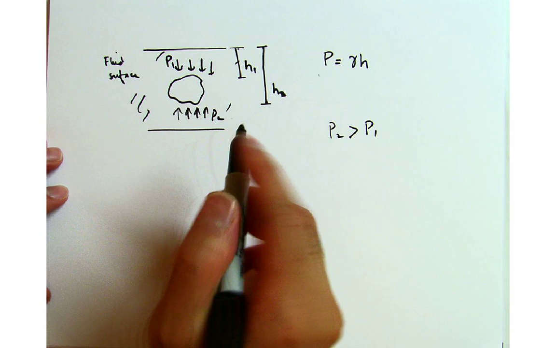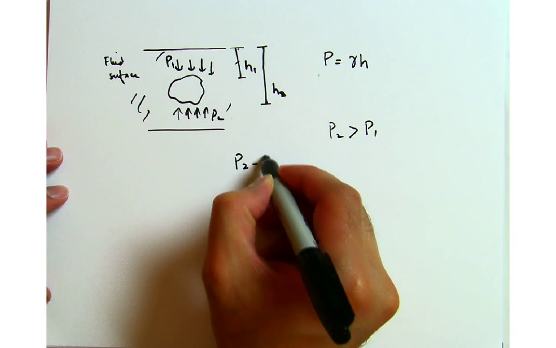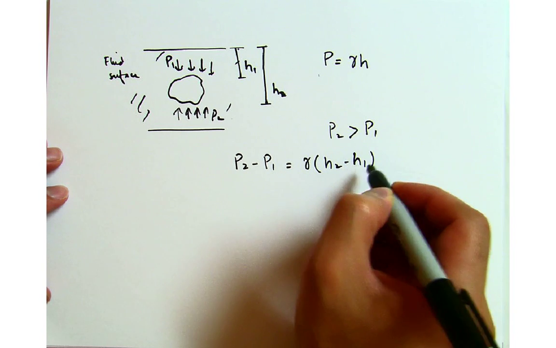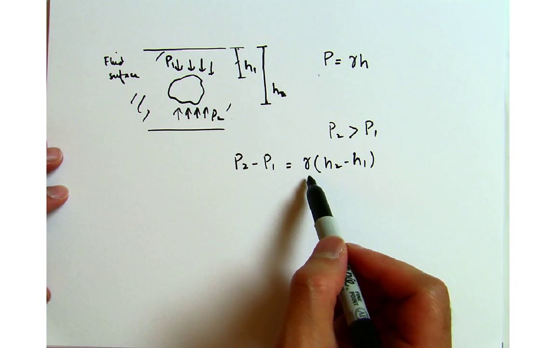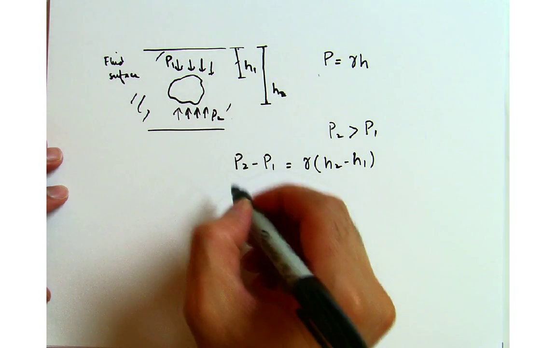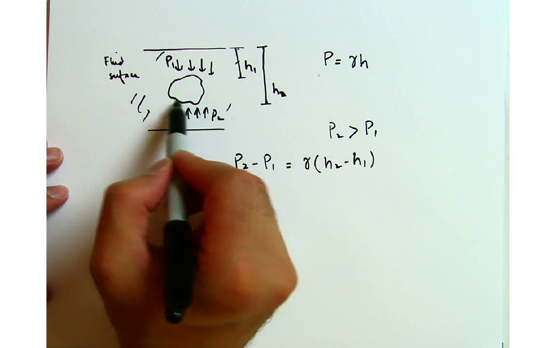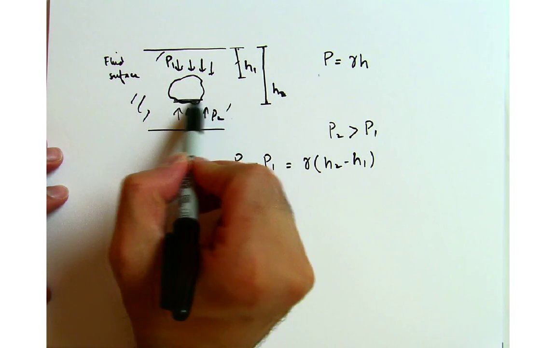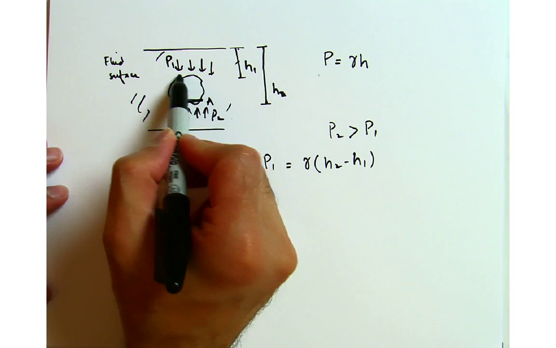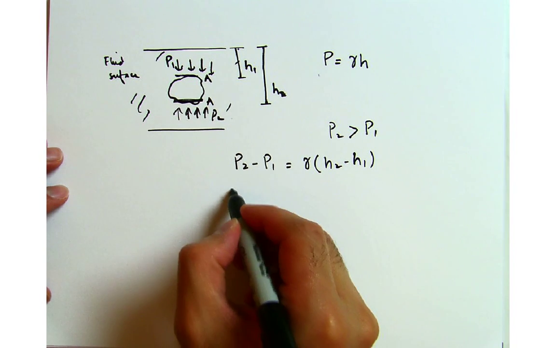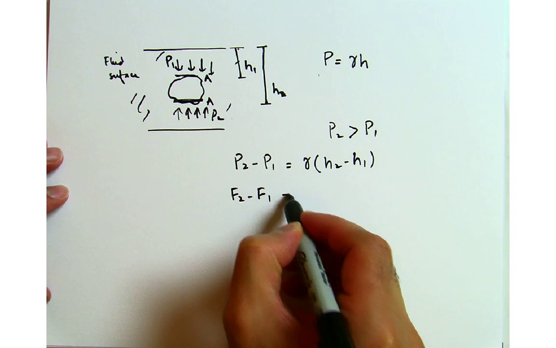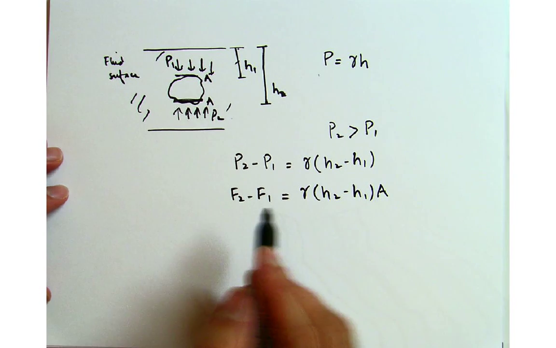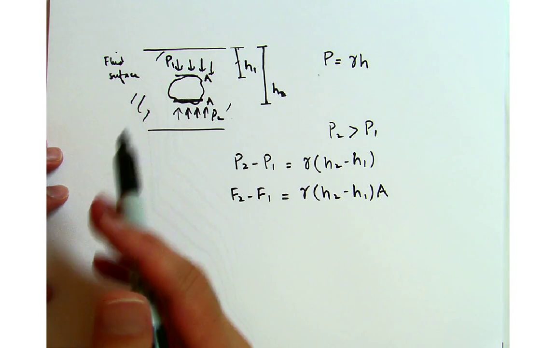So I can write P2 minus P1 equals gamma times (h2 minus h1), because you have the same gamma, so I take that common. I can also balance the forces, and I can assume that this area is the same as whatever we have on top, even though the equation will end up the same. So F2 minus F1 equals gamma times (h2 minus h1) times the area, the surface area over which this pressure force is acting.